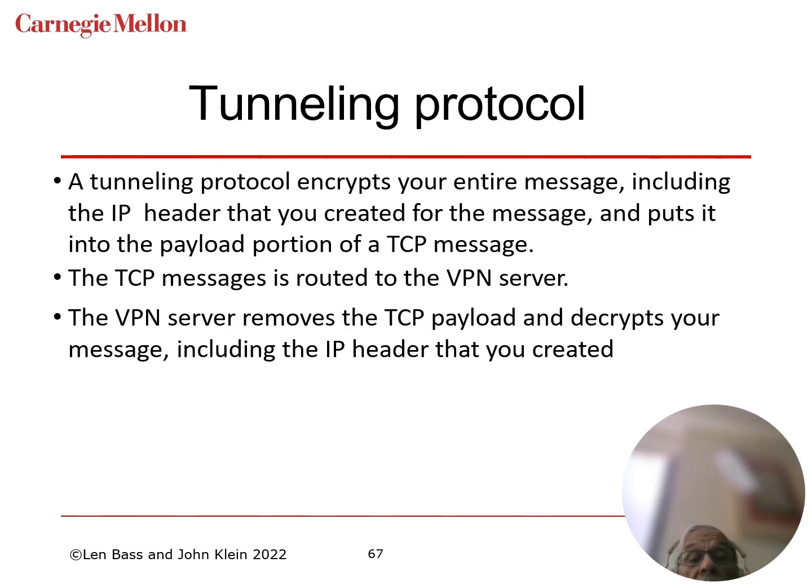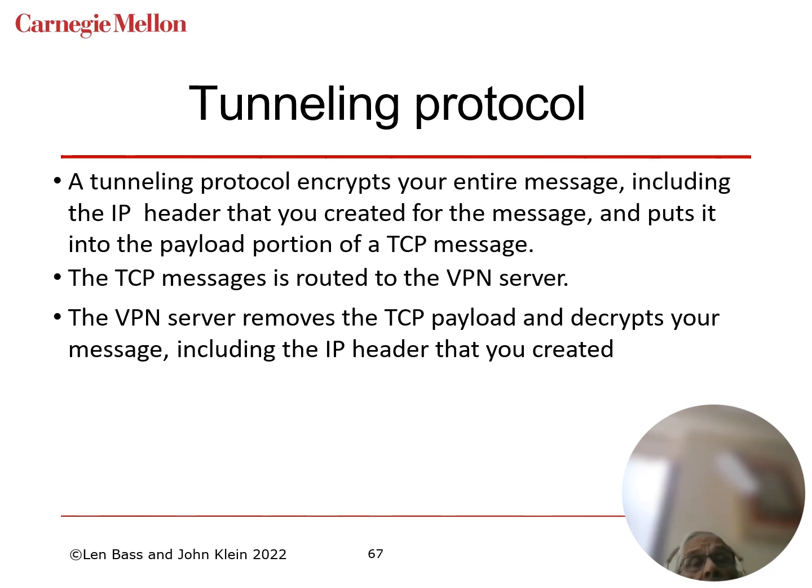So the tunneling protocol encrypts your entire message, including the IP. So you want to send a message to a machine and have it pretend that it comes from the intranet. First that message is encrypted, and then it's wrapped and becomes the payload of another message that is sent to the VPN server.